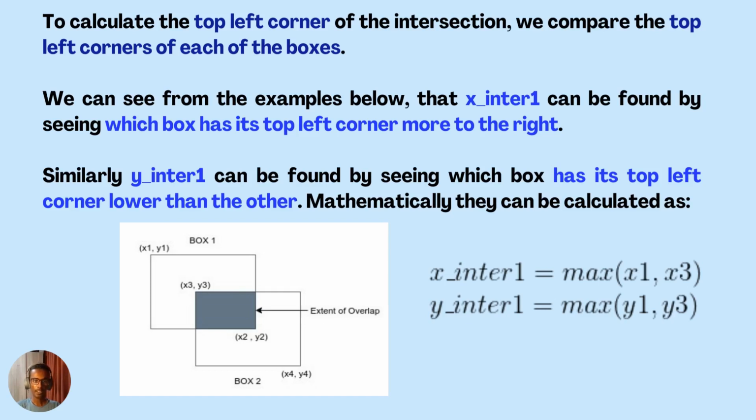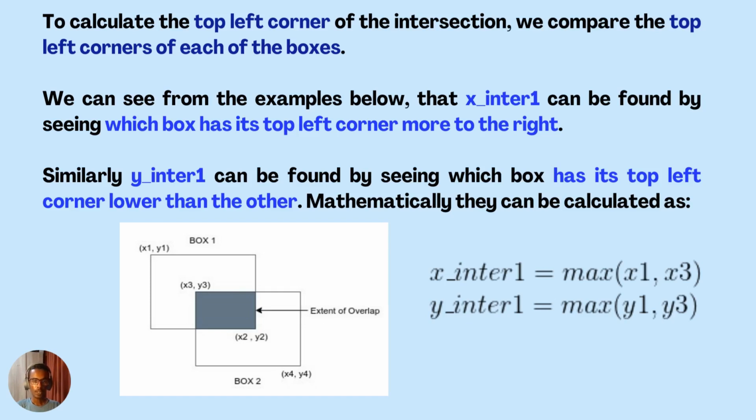In order to figure out y inter 1, we see which box has its top left corner lower than the other. The top left corner y coordinate for the overlapping region can be found by considering y1 and y3, and we take the maximum, y3, as y inter 1, which means we're considering the point that's further downwards.